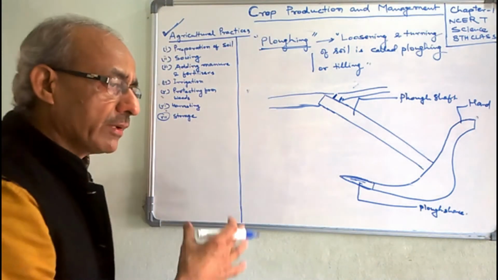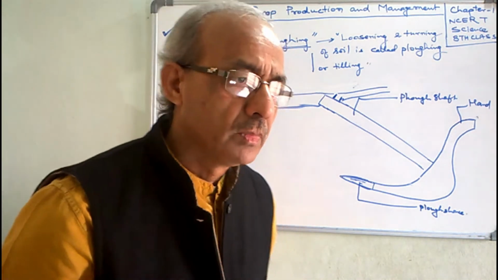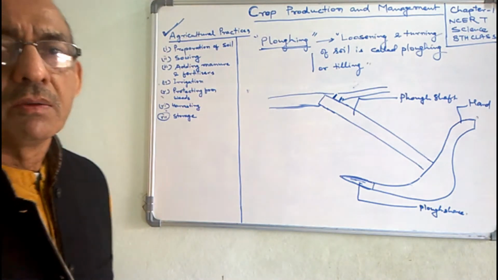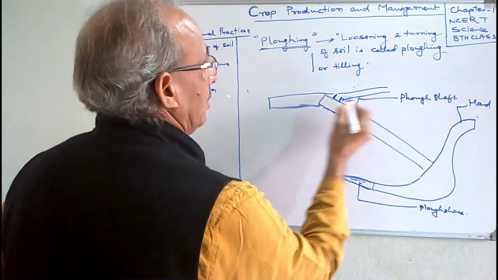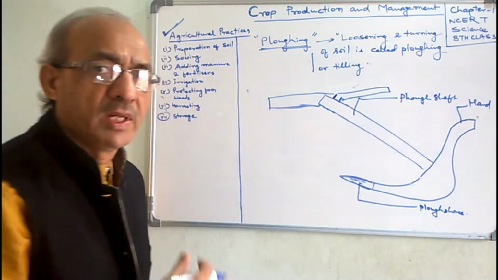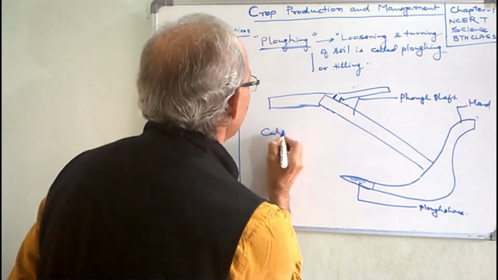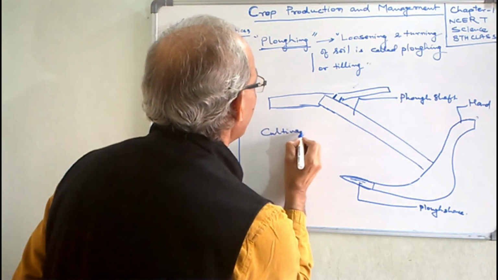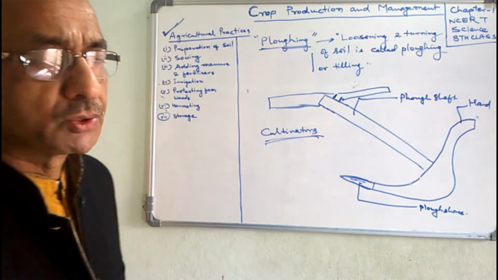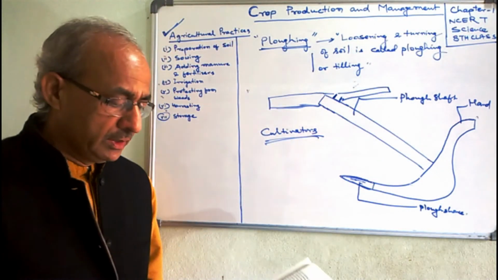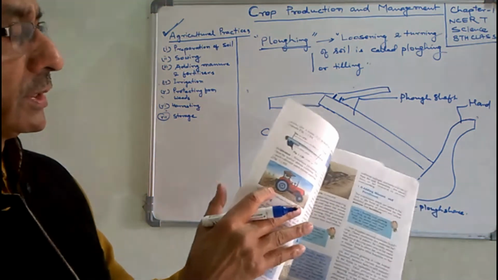But nowadays, in this modern time, the traditional plough is replaced by cultivators. Cultivators are modern agricultural implements to plough the lands. Here is the diagram of the cultivator.